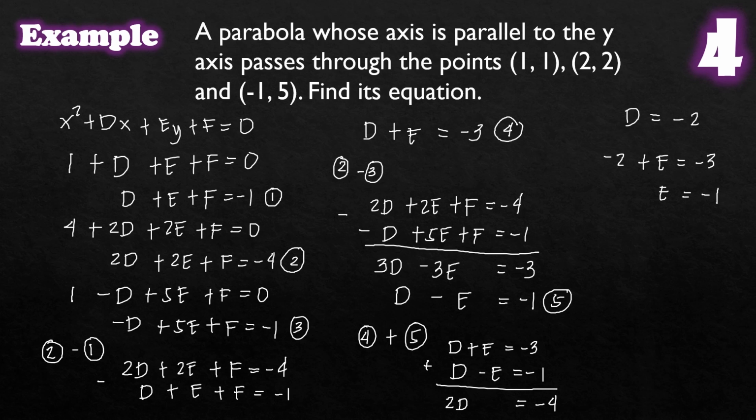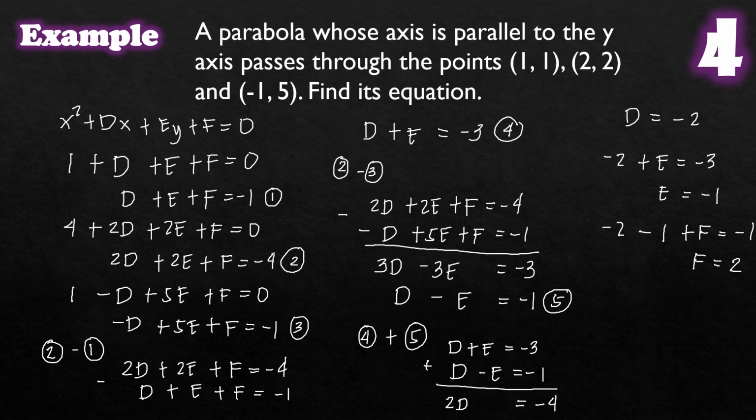Let us choose equation 1. So we have d plus e plus f equals -1. Substituting the values of d and e, we will have -2 minus 1 plus f equals -1. -2 minus 1 is -3. Then adding 3 to both sides, we will have f is equal to 2.